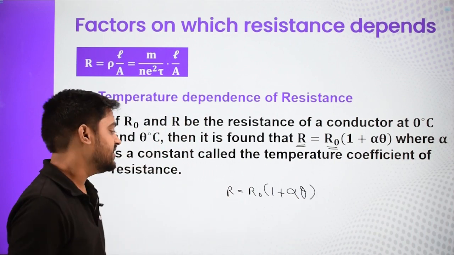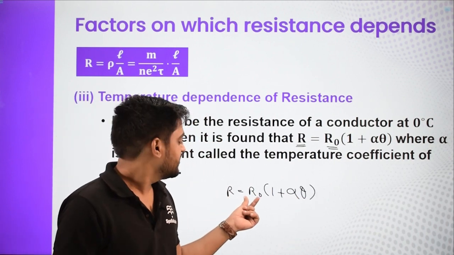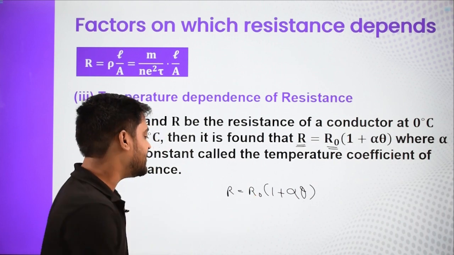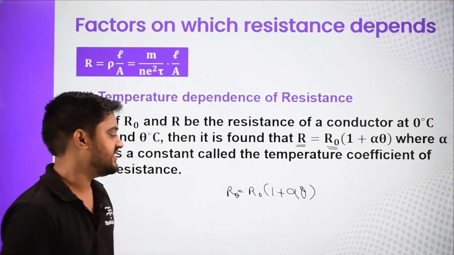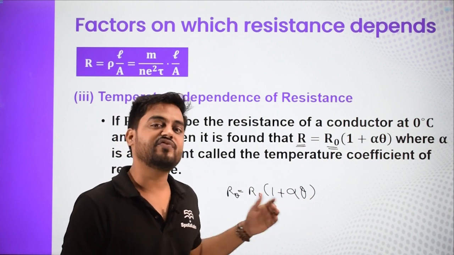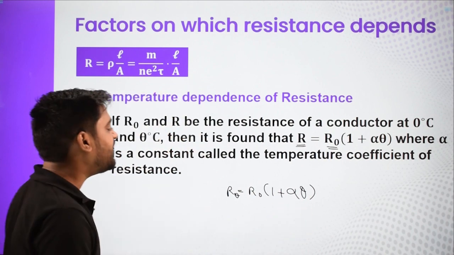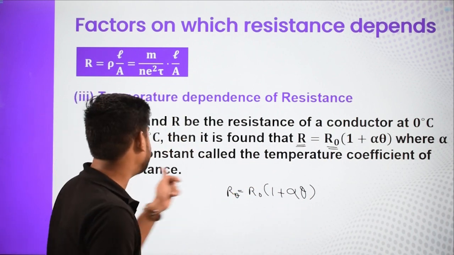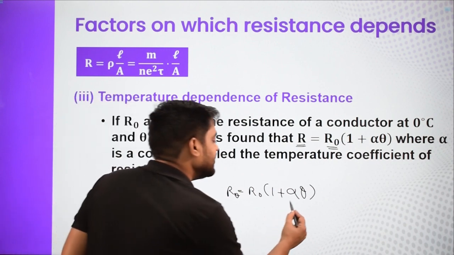Here R0 is resistance at 0 degrees Celsius, R is resistance at theta degrees Celsius, and this theta is the temperature itself. 1 is 1. What is alpha? This alpha is called the temperature coefficient of resistance. So this is a new thing.